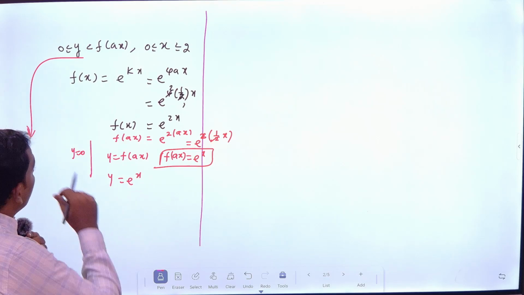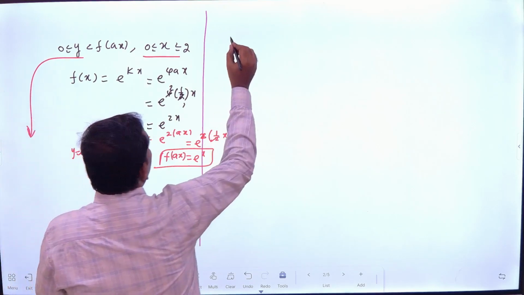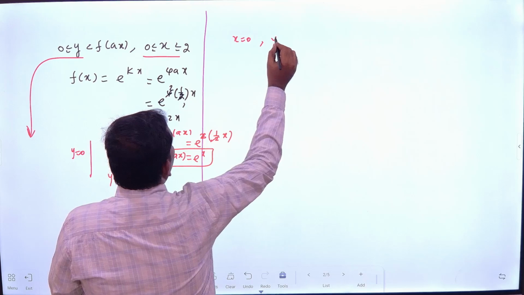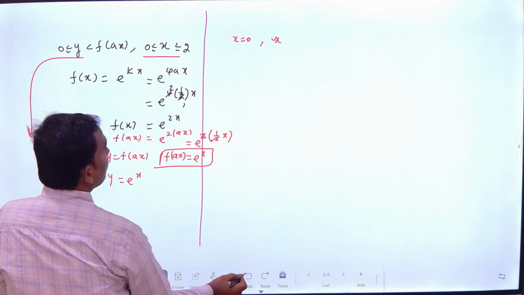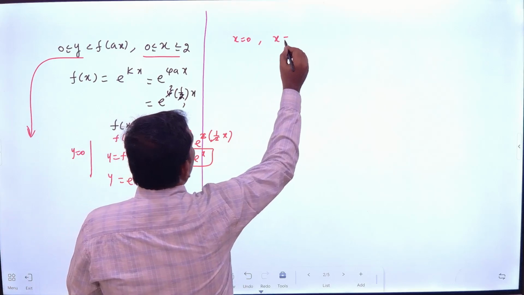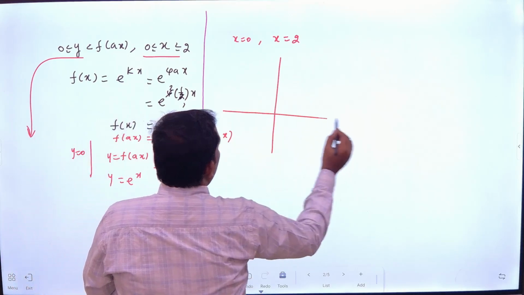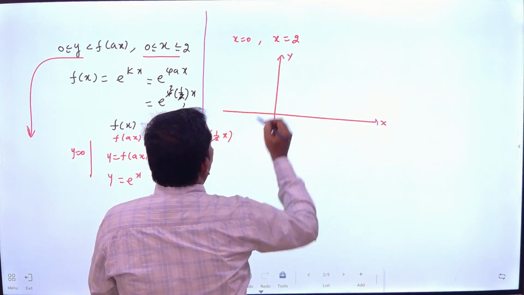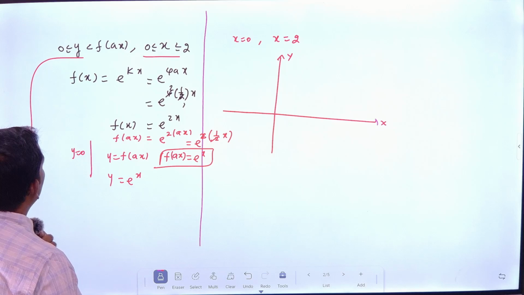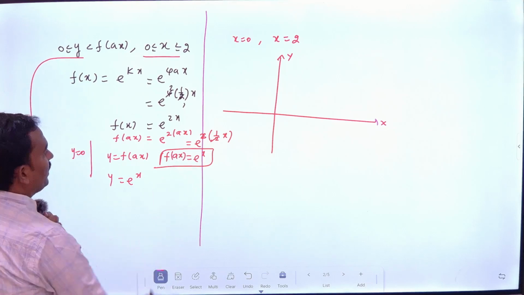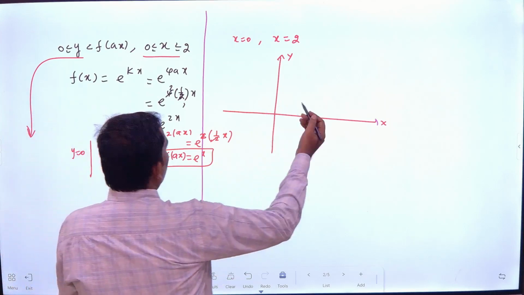Next thing, you need to consider the interval of input values, right? X is equal to 0 and x is equal to 2. Okay, let's draw the graph quickly. This is the x axis, this is the y axis, right? What is the function given to you? F of ax equal to e power x. You know how to draw e power x, right?